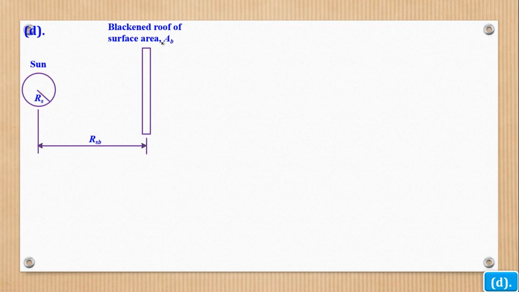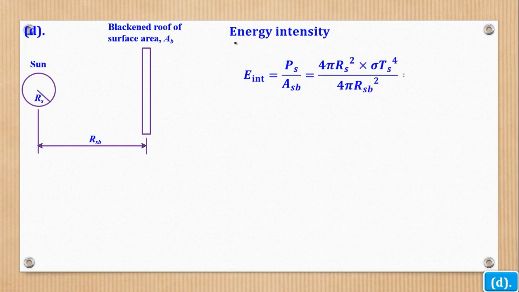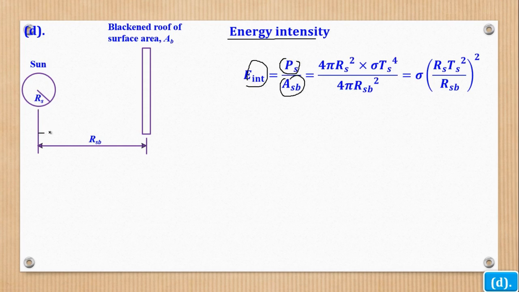The surface area is denoted by the symbol AB, and this RS is the radius of the sun. You can see that the energy intensity, denoted by E int, is given by the power of the sun over the area of this sphere. You can see it as linear, but it is a sphere because the sun is a sphere.